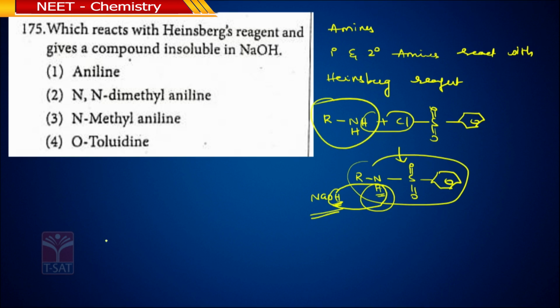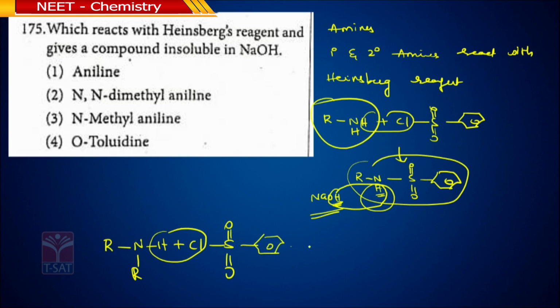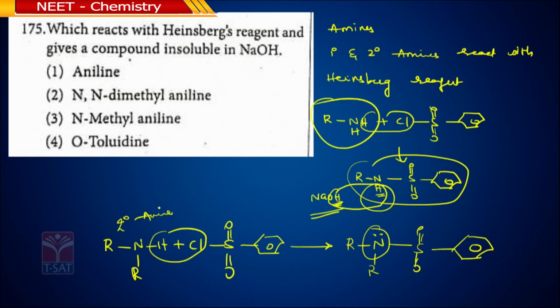But if you take secondary amine, R-N-R-H, and react this with the Hinsberg reagent, benzene sulfonyl chloride, what you are going to get is R-N-R-SO2-benzene. Here you do not have any hydrogen which could be dissolved in base. In base, OH minus will react with H plus, but you do not have hydrogen. That is why this secondary amine reacts with Hinsberg reagent, but is insoluble in the base.